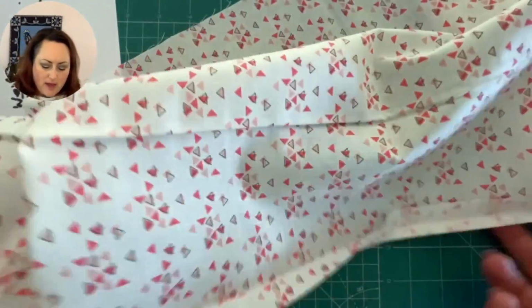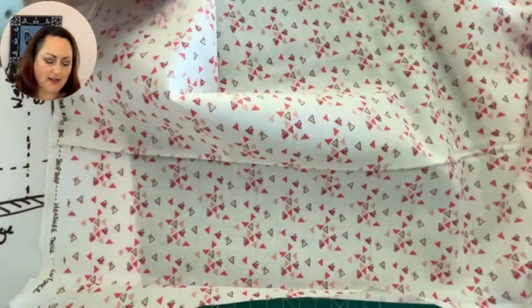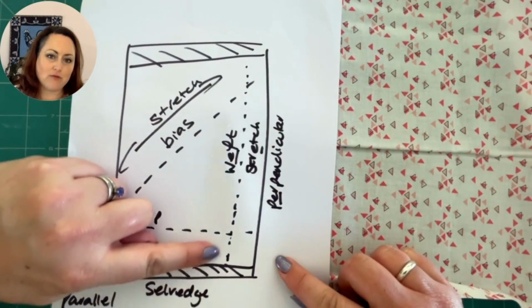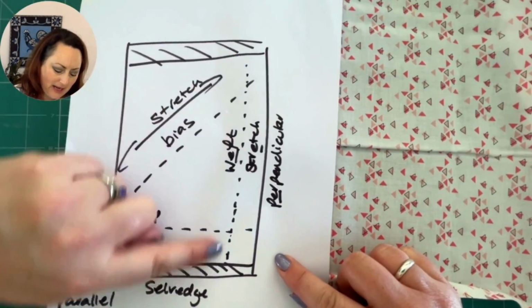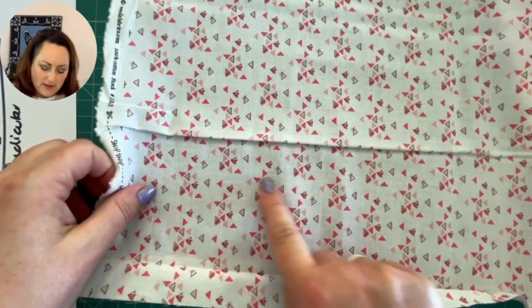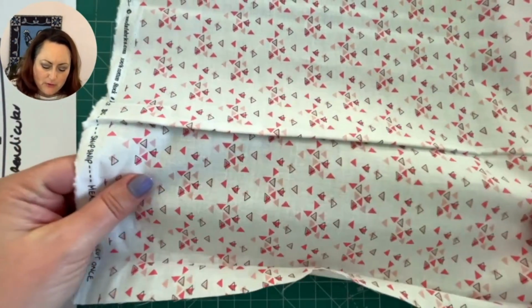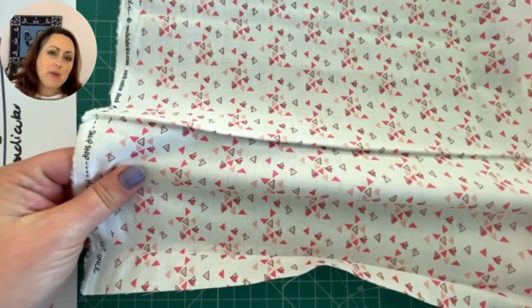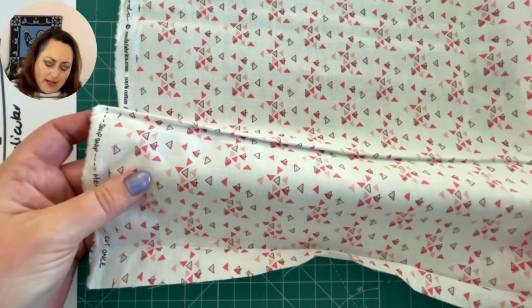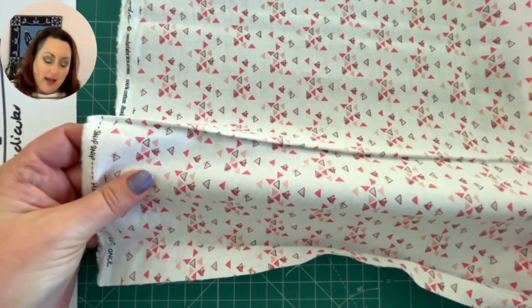Whereas if we pull along the weft threads, so if you remember, the weft threads are the ones that run at right angles or perpendicular to the selvage. So there's our selvage, these are our weft threads. So let's just pull that. And can you see we've got a little bit of a stretch in there now? All right, so now we know that.